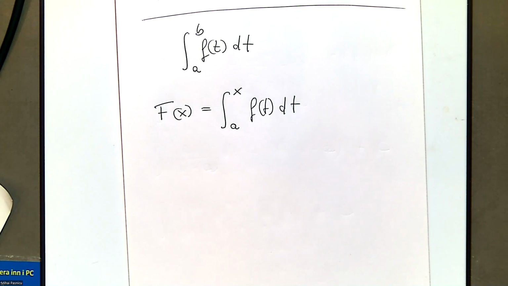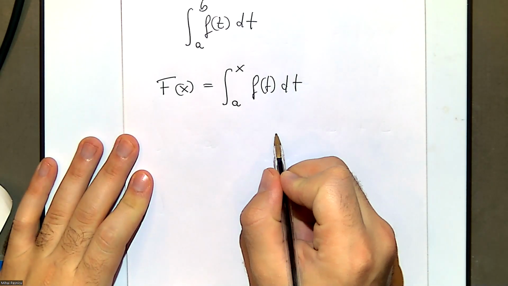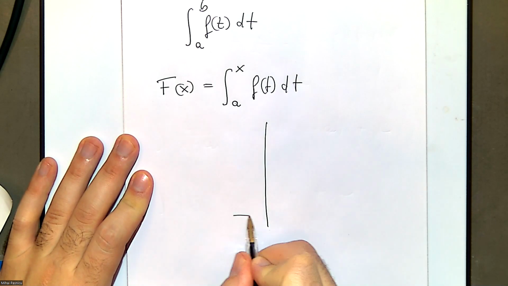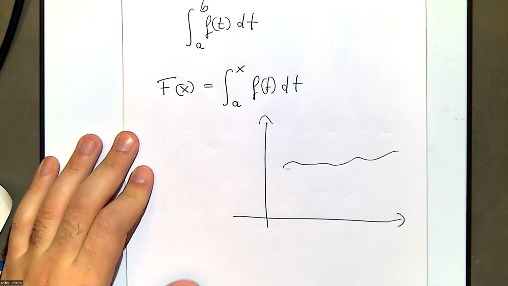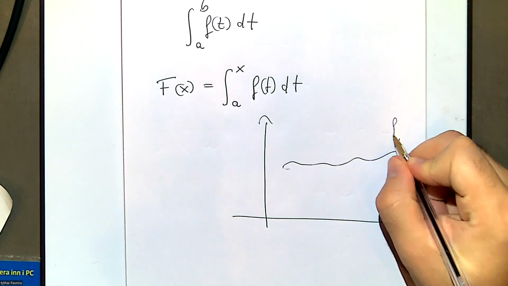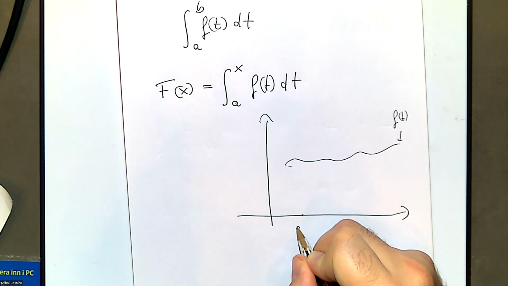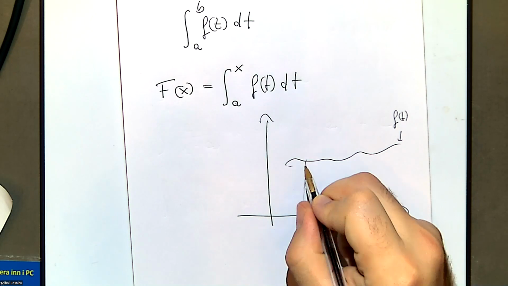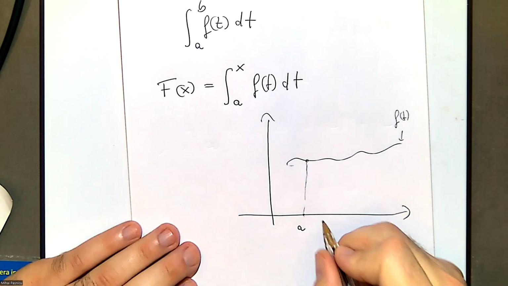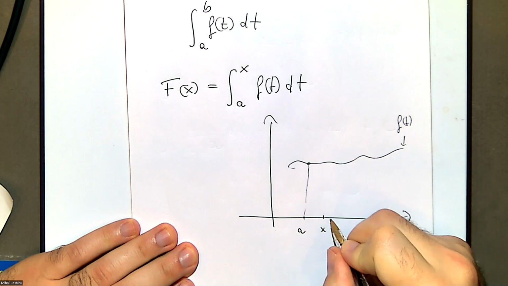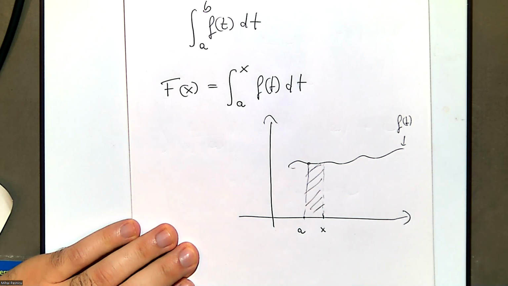If you want to draw this, let me show you how this function looks. This is small f, f of t, and let's say this is a. This is f of a. What this function does is you're basically just moving x along the way, and big F of x is just this area over here.